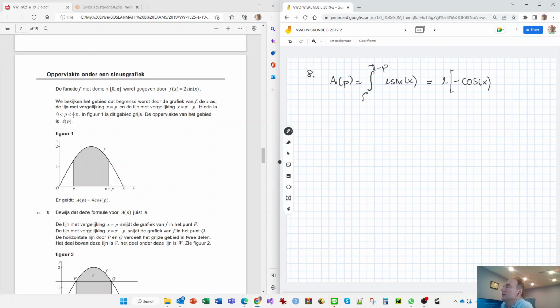Put a minus in front to get a plus sign here between pi minus P and P. And that is minus 2 cosine pi minus P. And then I need to subtract this thing, so that gives a plus sign, so I get plus 2 cosine of P. Almost there. Well, cosine pi minus P.